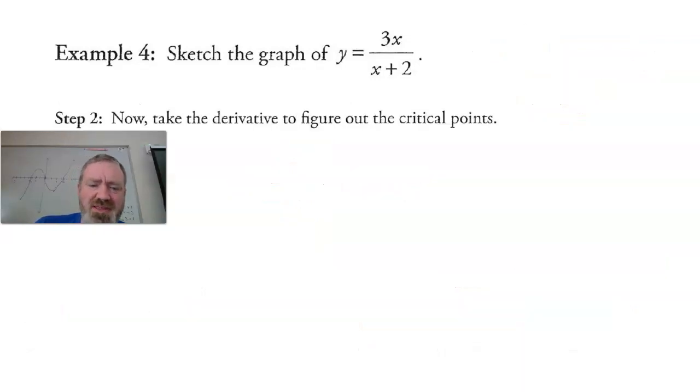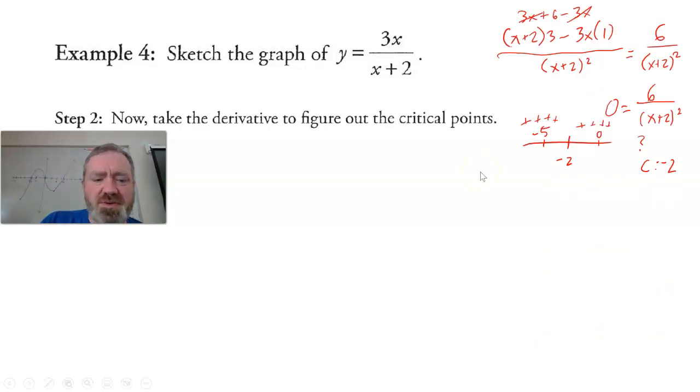Can we use anything else to find maximums, minimums, and things like that? So let's check it out. Well, we need derivatives. We're kind of jumping around a little bit, but there's the work for the first derivative. After following the quotient rule, you have 6 over (x plus 2) squared.